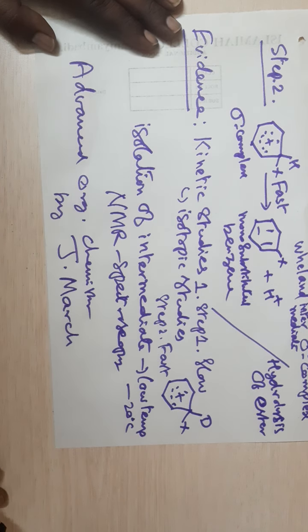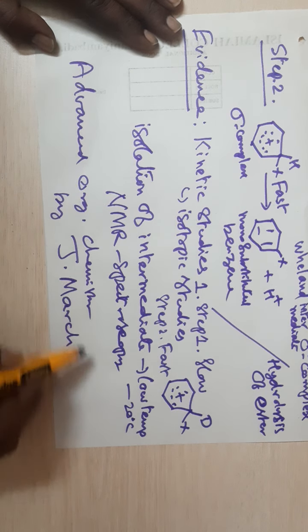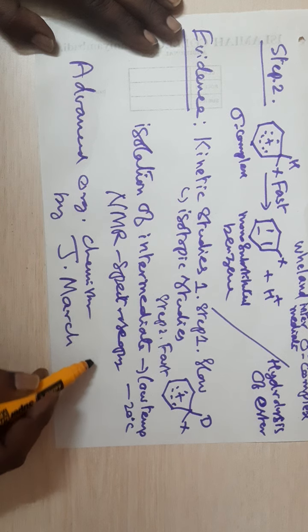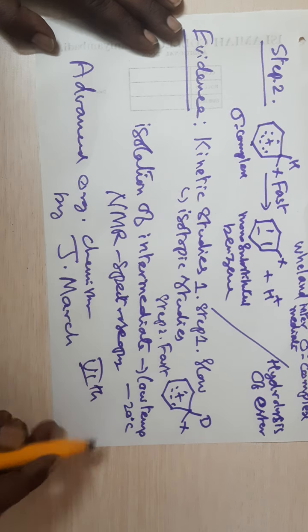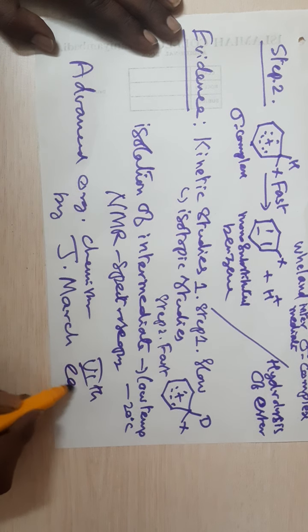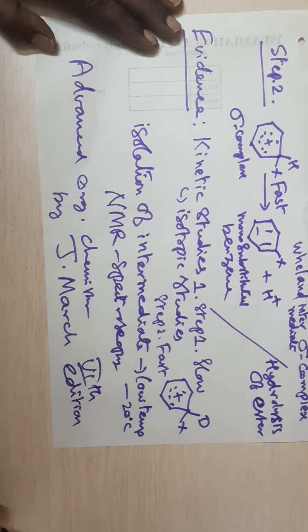It is available at a cost of some 800 or 900 rupees. The 6th edition, the Indian edition, is available. If you purchase this book, you can use it for the 4 semesters.